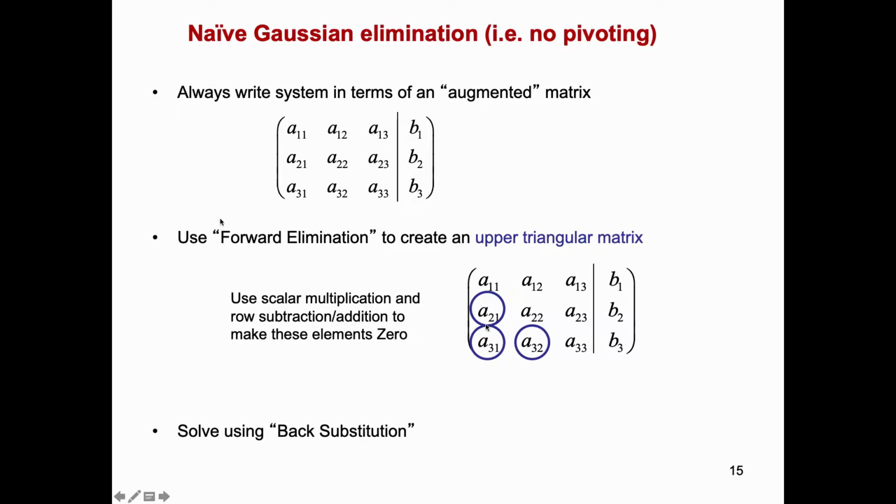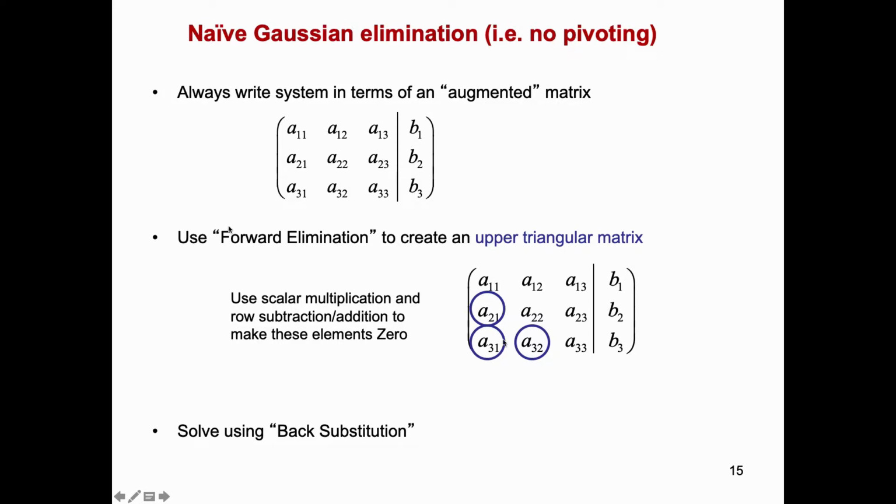If it's non-zero, I look at the numbers and take some multiple of the first row and add it to this row. And we know that we can always do that, right? So when I have two equations, I can take a linear combination of them and replace one of them with that linear combination. So that's precisely what we're going to do. Because that way, we are changing how the system looks, but we're not changing the solution of the system, right?